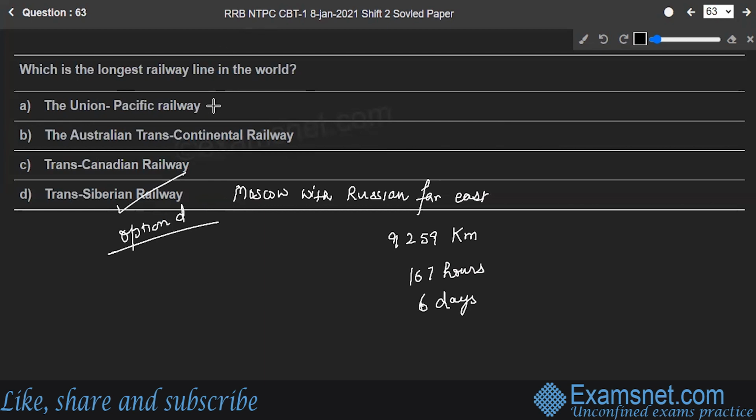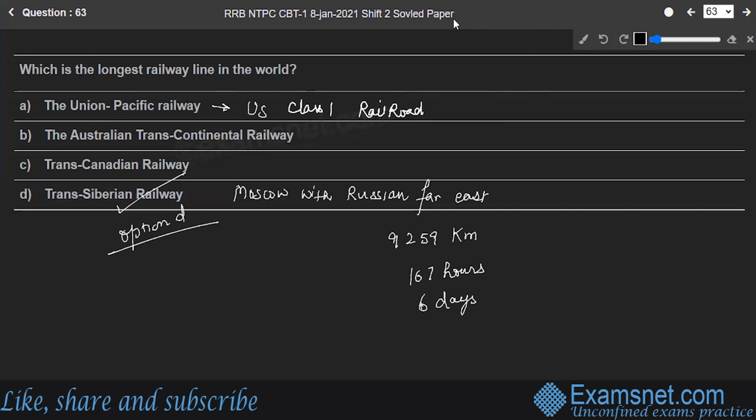If I talk about the Union Pacific Railway, a Union Pacific Railroad is a US Class 1 railroad owned by Union Pacific Corporation, operating 31,800 route miles of track and covering 23 states.